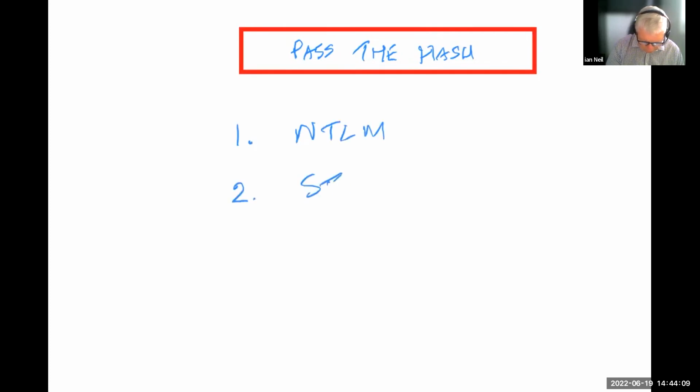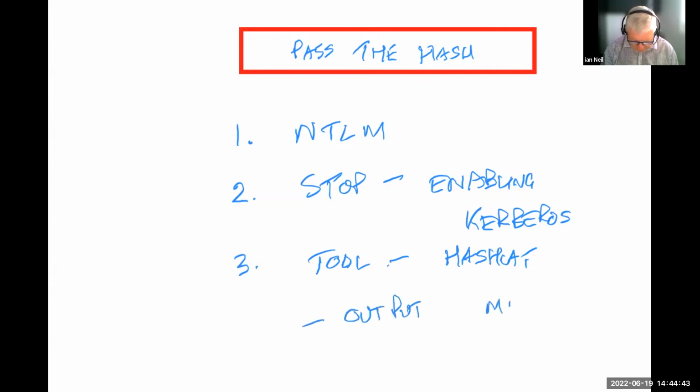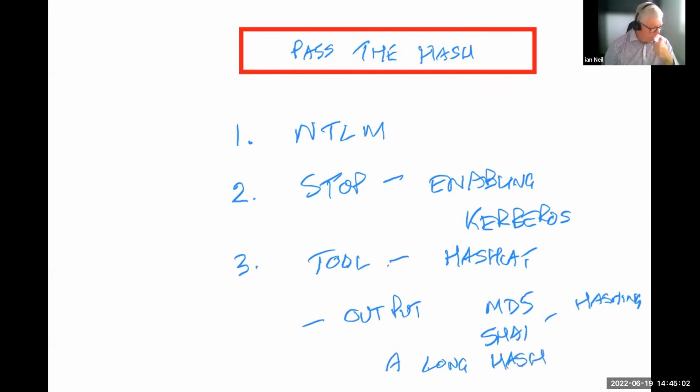Number 2, you stop it by enabling Kerberos, because when you enable Kerberos, it goes from an unencrypted database to an encrypted one. And number 3, you could use a tool called Hashcat. When you look at the output, look for MD5 or SHA-1, because these are hashing algorithms, or look for a long hash. How's that, guys? Are we quite happy with that?